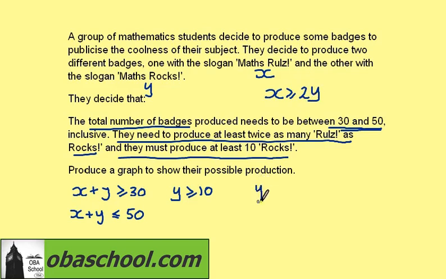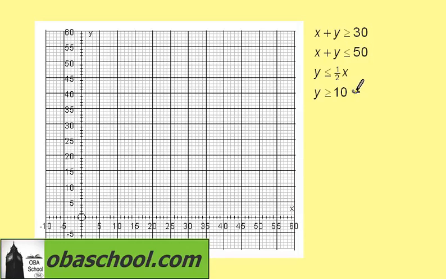We can rewrite this as Y is less than or equal to a half of X. We now have all of our inequalities. We want to represent these on a graph.